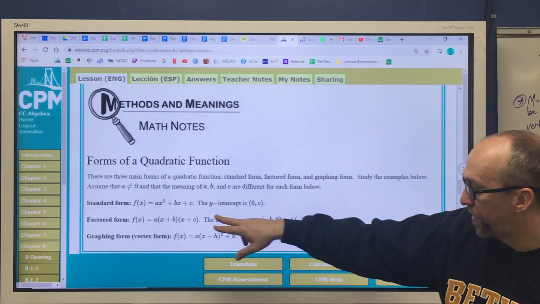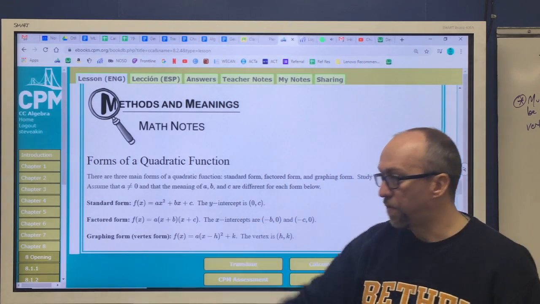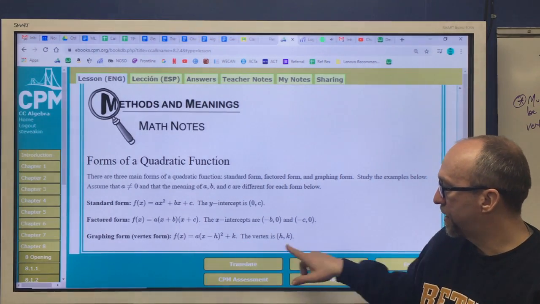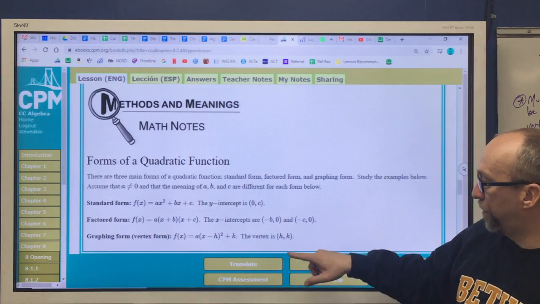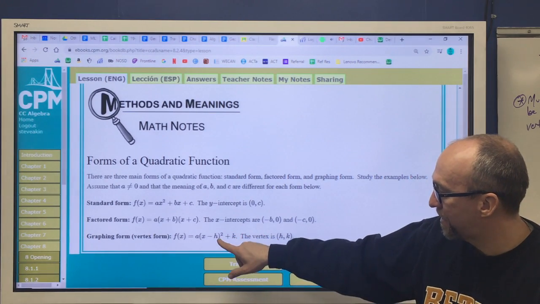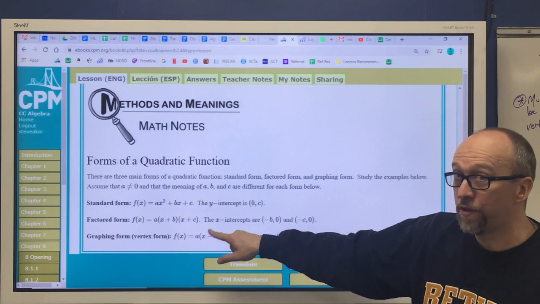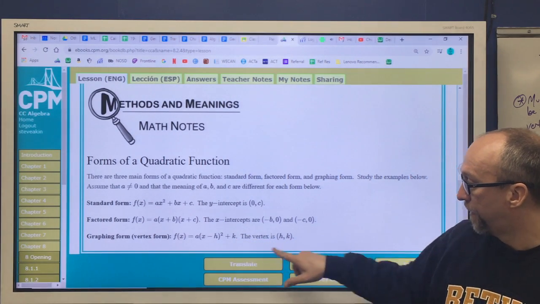So that's the factored form. And then the last one, I call it the vertex form, they're calling it the graphing form, whatever. But here it is: a(x minus h) squared plus k. The vertex is precisely at (h, k). Remember, it's the opposite of what's with the x, the number one error students make, right there.